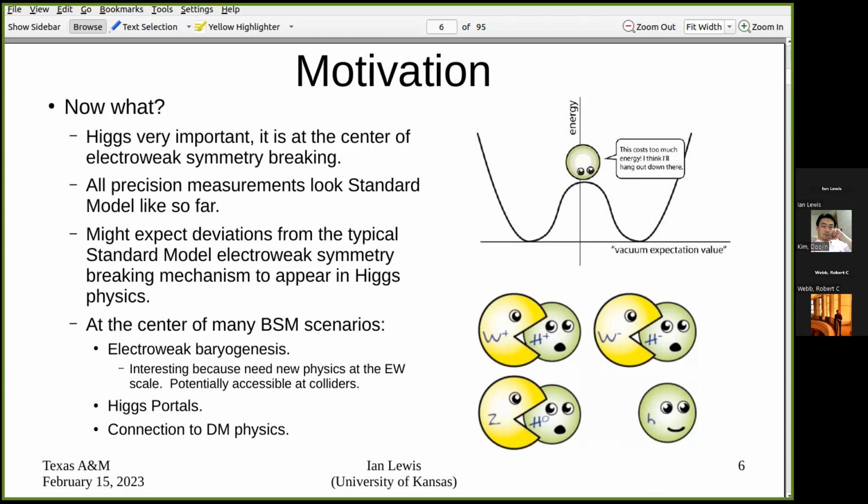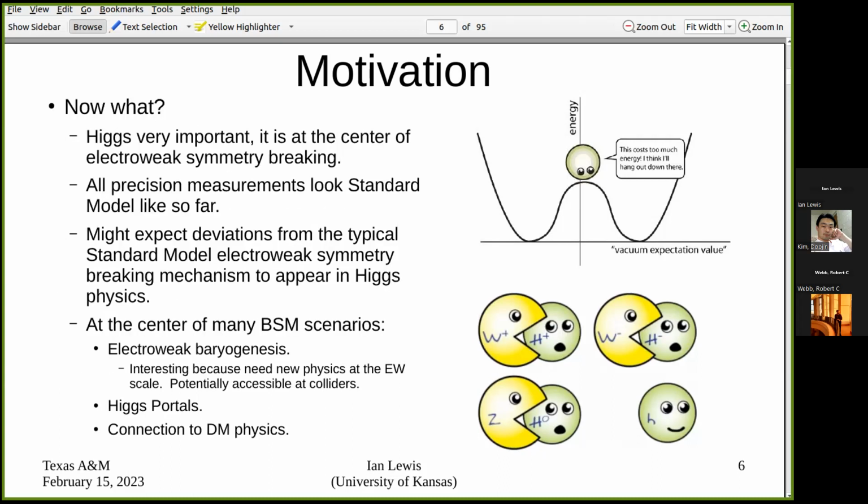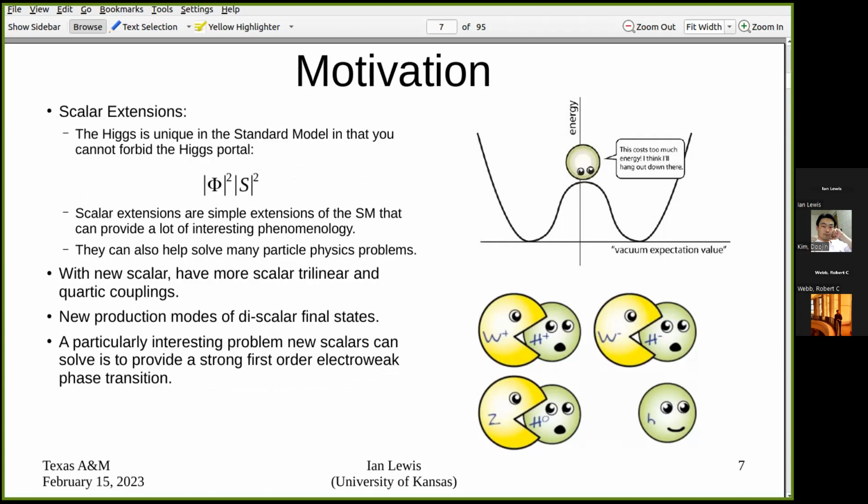Higgs portals, this will be in the next slide, and this is just why the Higgs is particularly important. It's through Higgs portals that you can connect to dark matter physics. So, Higgs portals and scalar extensions, and again, electroweak baryogenesis is a scalar extension. The reason scalar extensions are particularly important is that the Higgs is unique in the Standard Model: at the renormalizable level, you cannot forbid this Higgs portal.